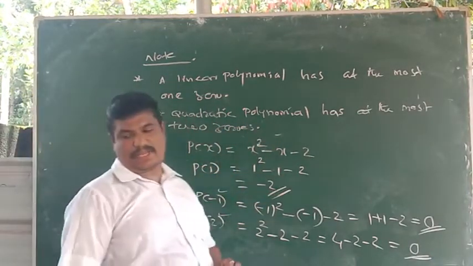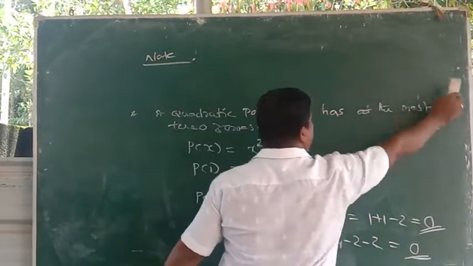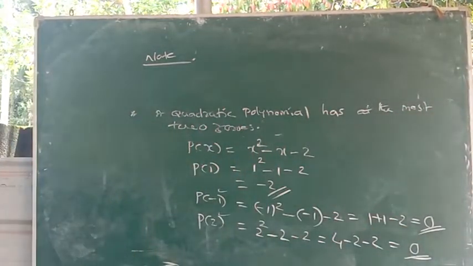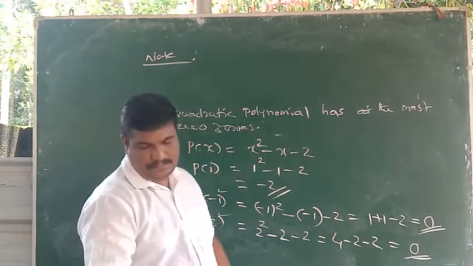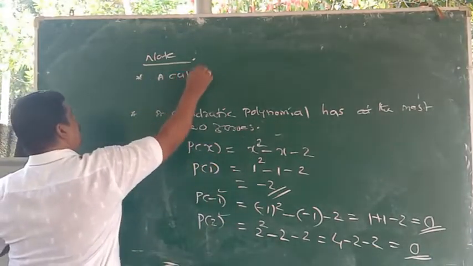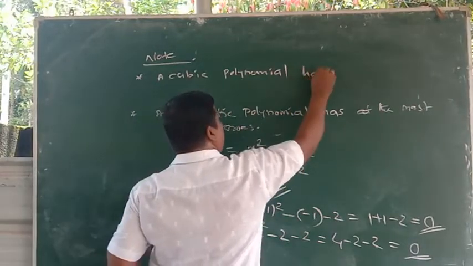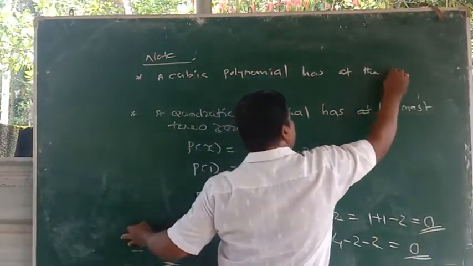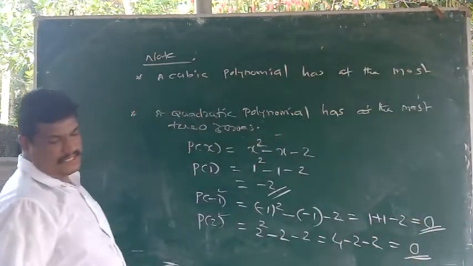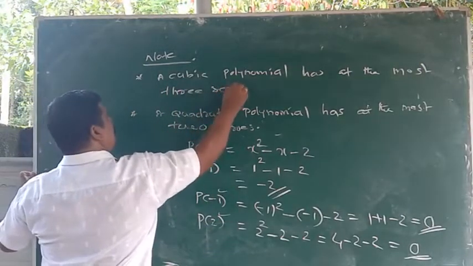Then a cubic polynomial has at most 3 zeros.